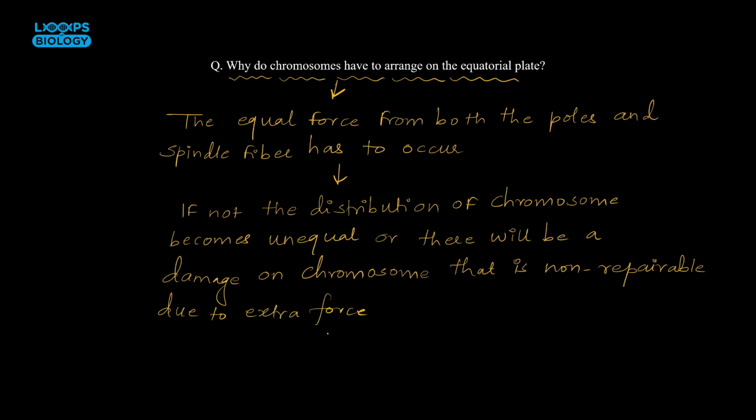So that's why, for equal force to generate on the particular chromosome, they have to arrange on an equatorial plate.